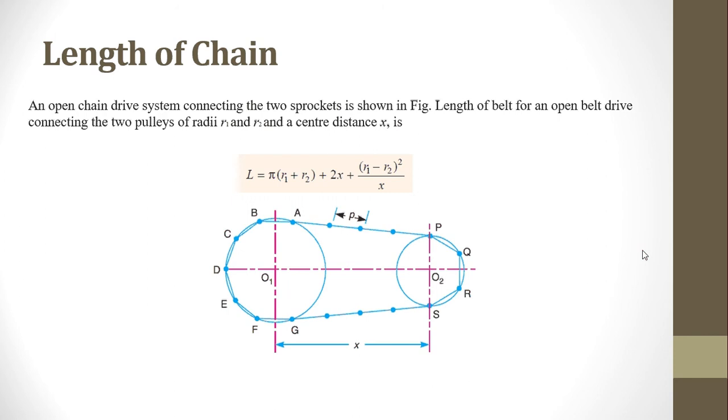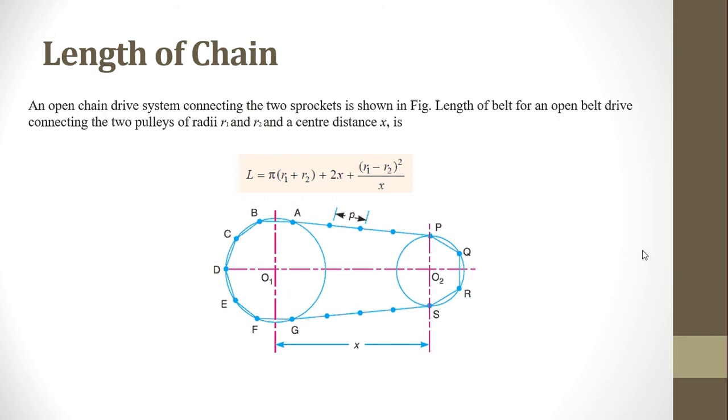Okay, so the next topic is the length of the chain. Before designing the chain drive system, we are quite interested in what the length of the chain is. For the length we can have a simple relationship that has been derived for belt drives or rope drives or chain drives.